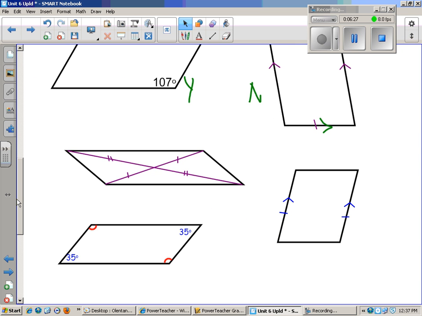This one, right for yes, left for no. Is it a parallelogram? CJ, why is it a parallelogram?